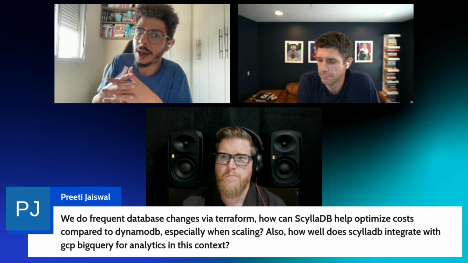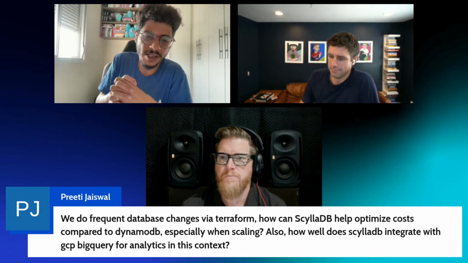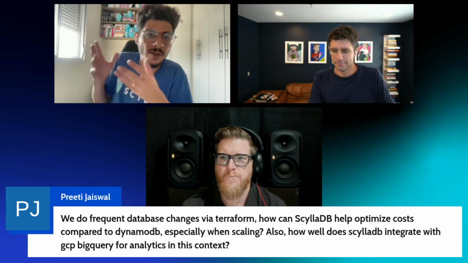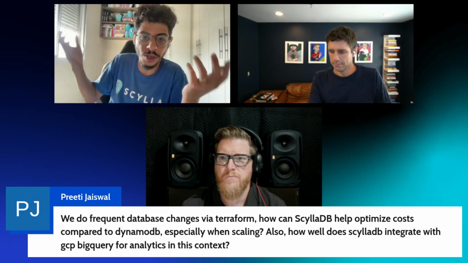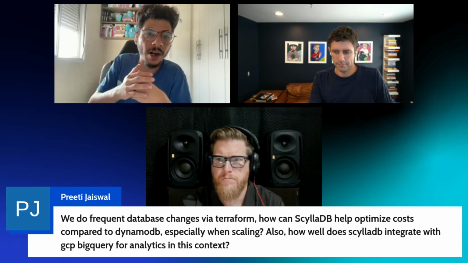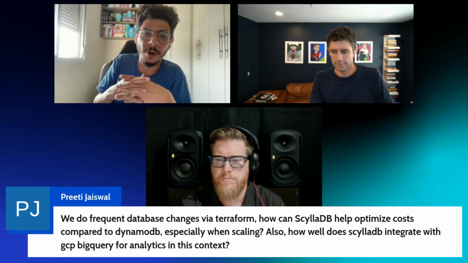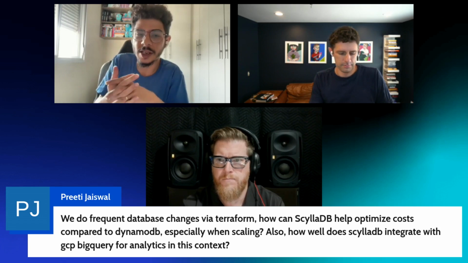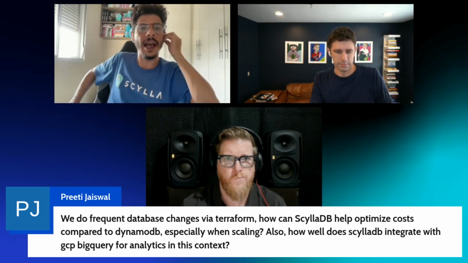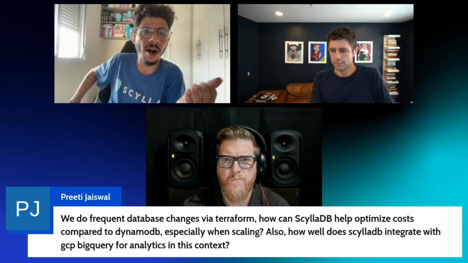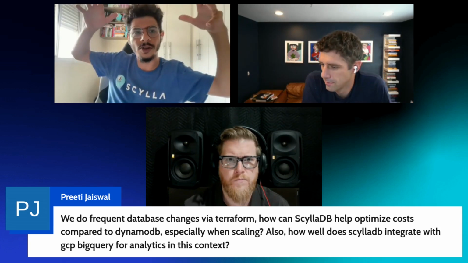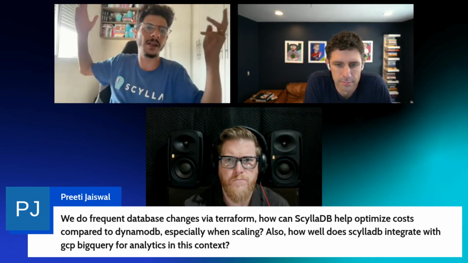So in most ScyllaDB deployments, you don't need to worry about auto-scaling at all, because a small ScyllaDB cluster is already enough to get to a very high throughput compared to what you would spend with Dynamo. Either way, as I said in my presentation, there may be situations where you want to scale quickly, like 5x, 10x, 20x. In that case, you can continue using Terraform to simply provision new VMs and start adding those nodes to your cluster. And boom, that's it. You've got auto-scaling.